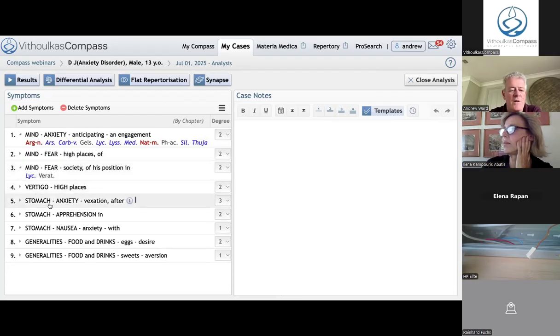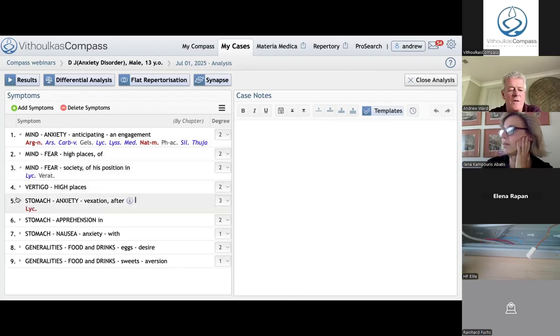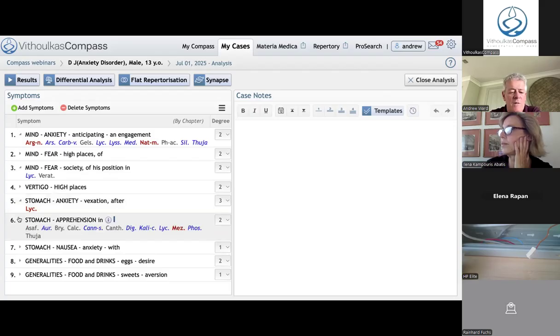The vertigo, the anxiety in his stomach, we have a symptom. If he gets very anxious about something, or worked up about something, he feels this anxiety in the stomach, apprehension in the stomach, nausea with anxiety, still the liking of the eggs and not liking the sweets.